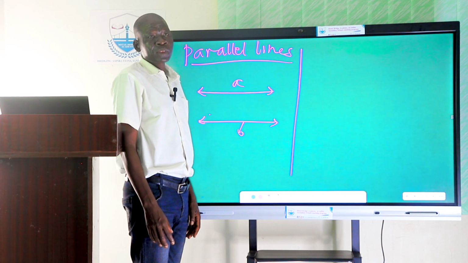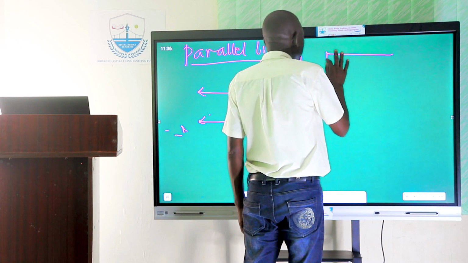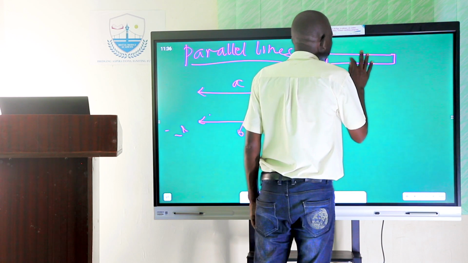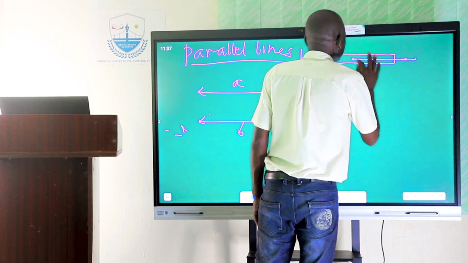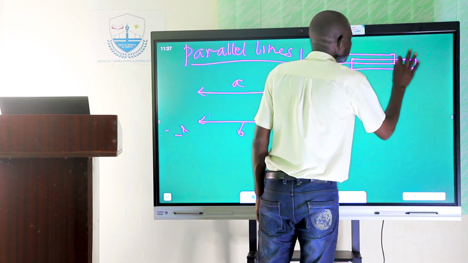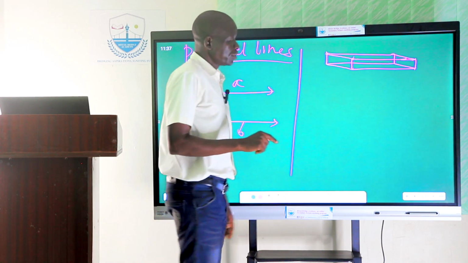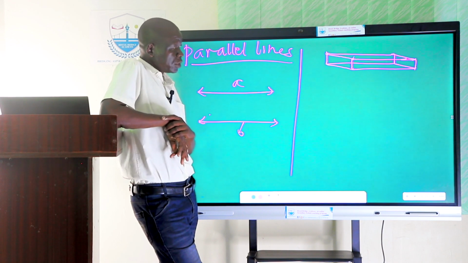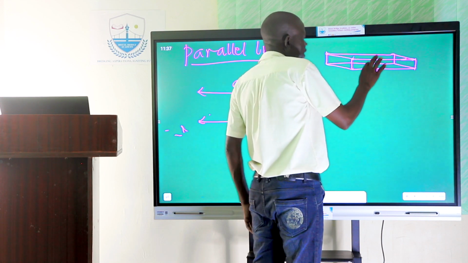When we look at the notebook, assuming this is our notebook, this is the shape of the notebook, which is in that form. Now, this line here is parallel to this line.